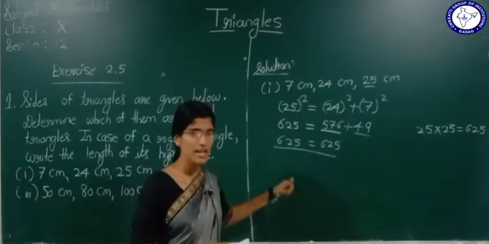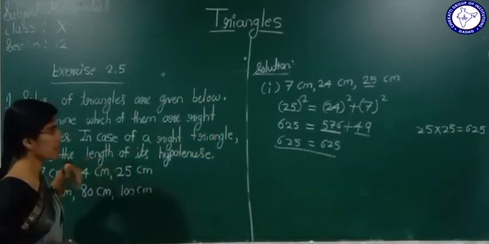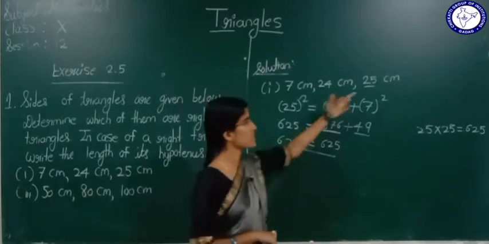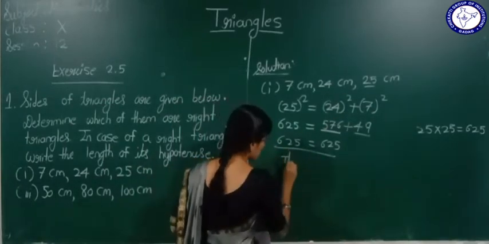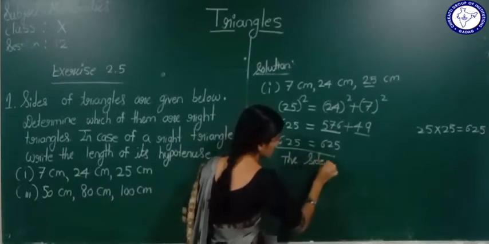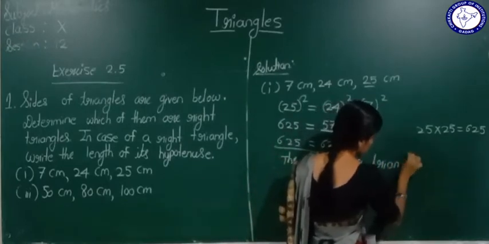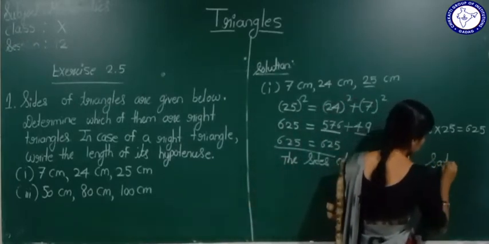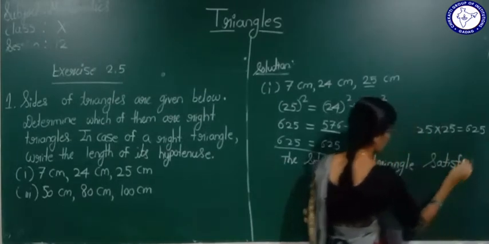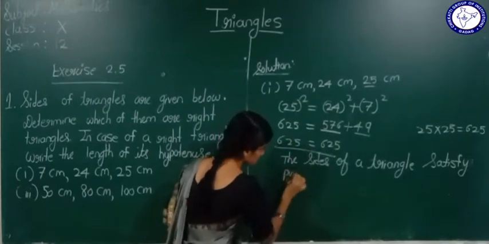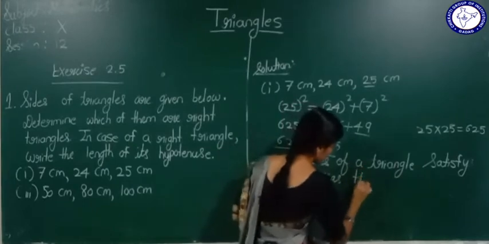Yes, this is a right angle triangle, and here they have told us to write the length of its hypotenuse. What is the length of the hypotenuse? That is 25 centimeter. We'll write: the sides of a triangle satisfy Pythagoras theorem.